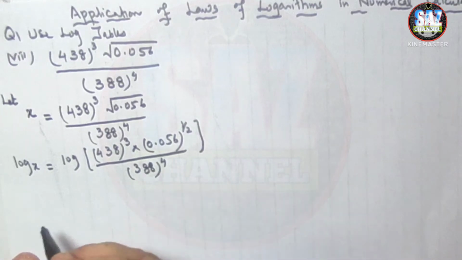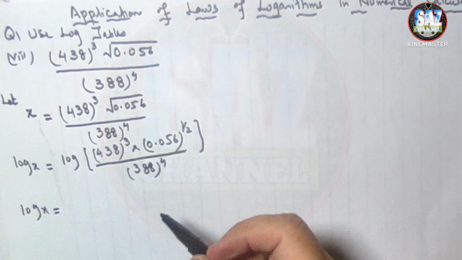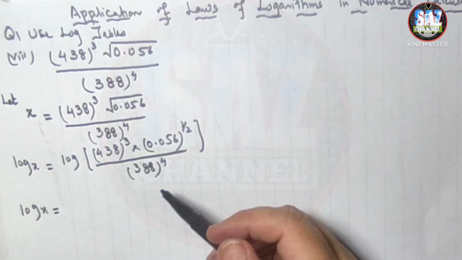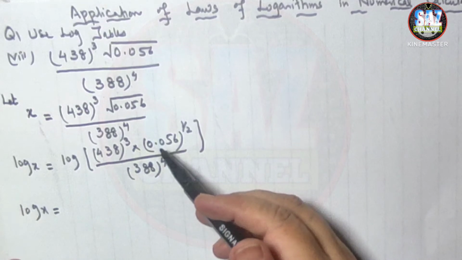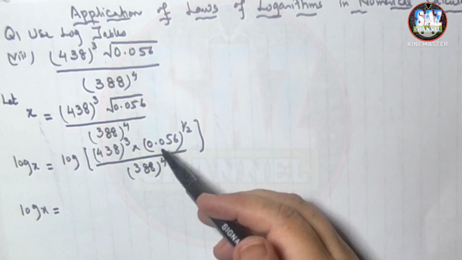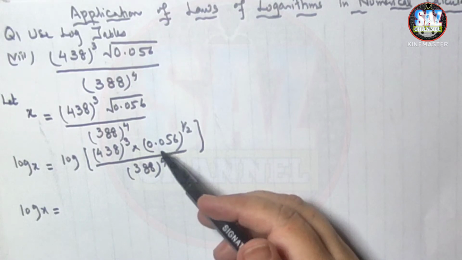Now at this stage, students, you have to wait and recall in what form the question is. The question is in the form of a fraction, and the numerator contains the product of two numbers, and they have powers or indices as well. So at least three laws have to be really clear to you.